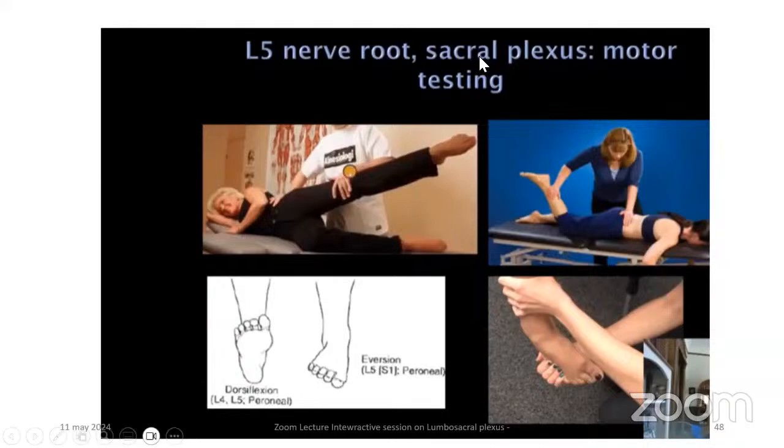Inversion and eversion is very important in this case. Inversion is by the tibialis posterior muscle, so if inversion is also found weak along with eversion, it is no more a peroneal nerve problem. It is an L5 radiculopathy. That's an important point we have to learn about this aspect.